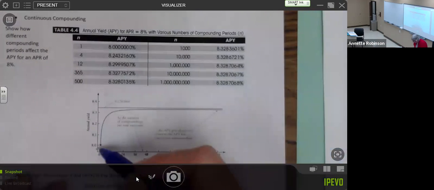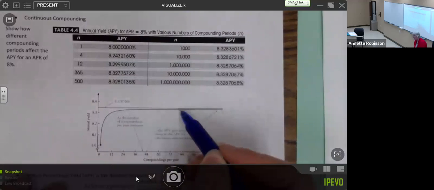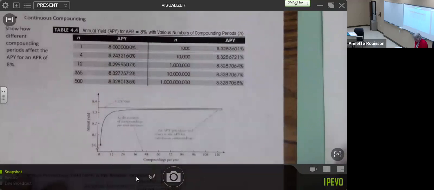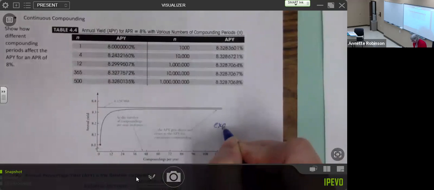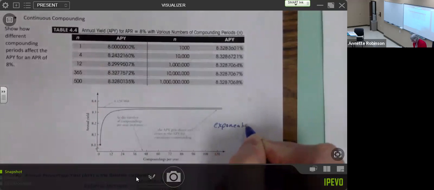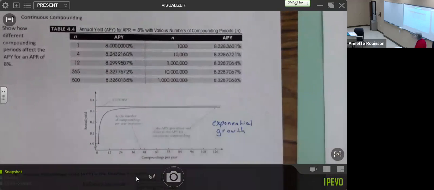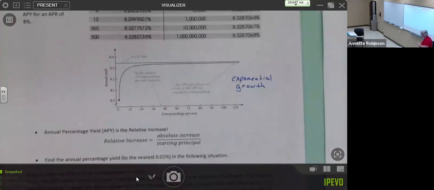Notice that you get a lot of interest at the very beginning, then it kind of slacks off. That is called exponential growth. So those interest formulas we're using are exponential growth formulas. They increase quickly and then they kind of flatten off.